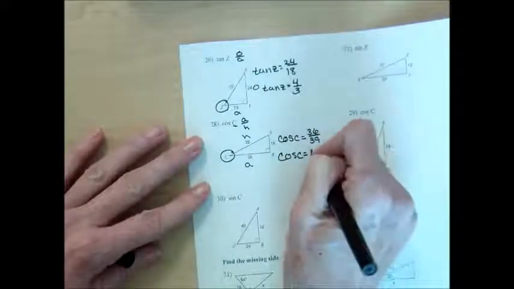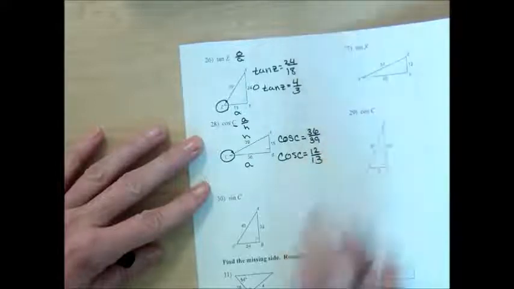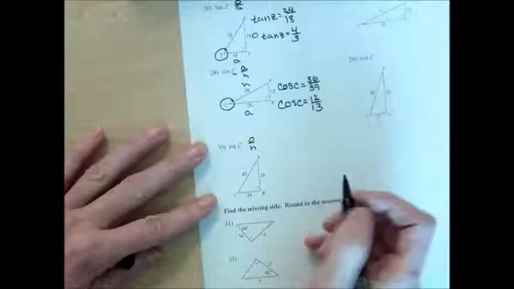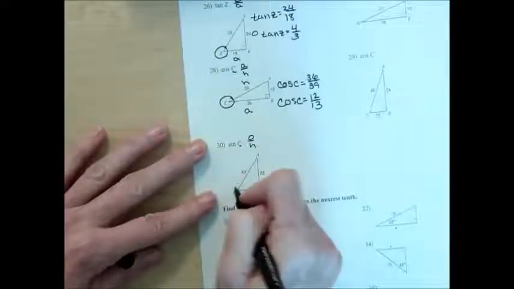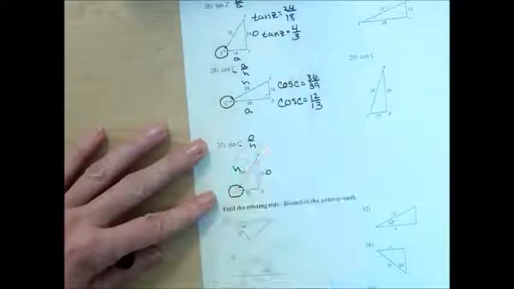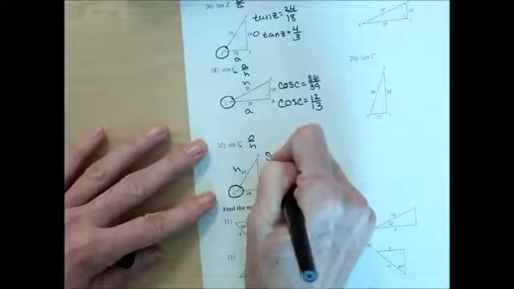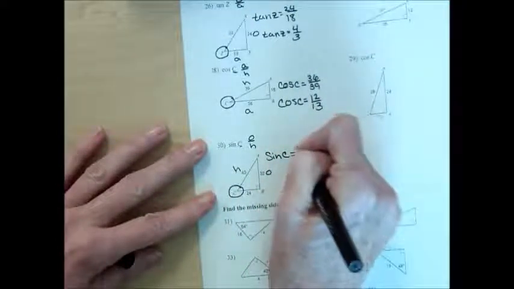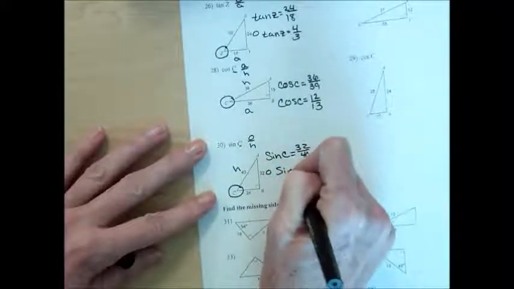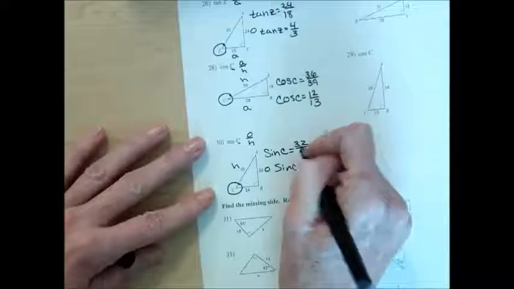That gives me 12/13. All right, 30, sine, which is opposite over hypotenuse. Sine of angle C, circle angle C. The opposite side is 32. The hypotenuse is 40. So the sine of angle C is 32 over 40. That reduces, 8 goes into that, to 4/5.